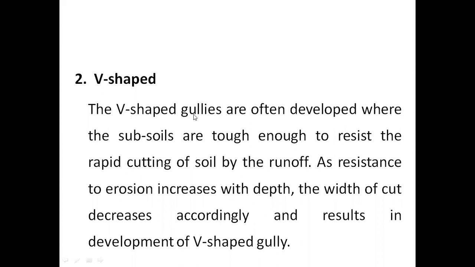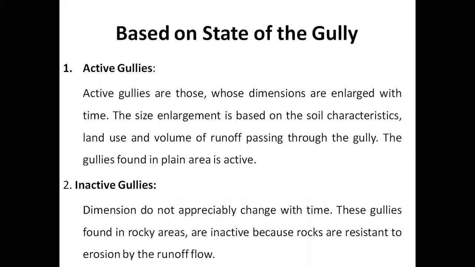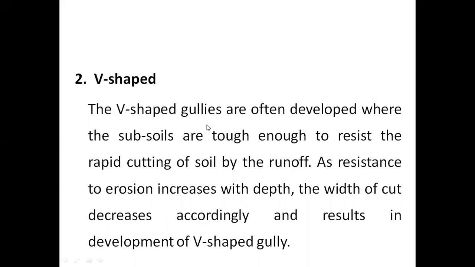The V-shaped gullies often develop where the subsoils are tough, that is, the soils are more resistant to erosion. In such areas, the gullies develop in the V shape. The subsoils are tough enough to resist the rapid cutting of the soil by runoff.